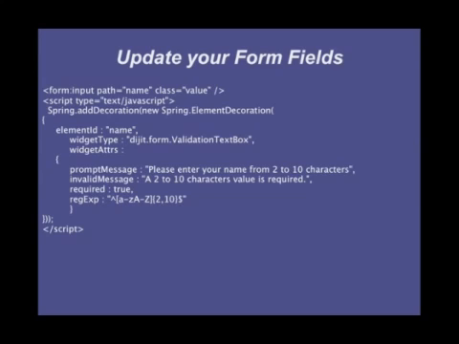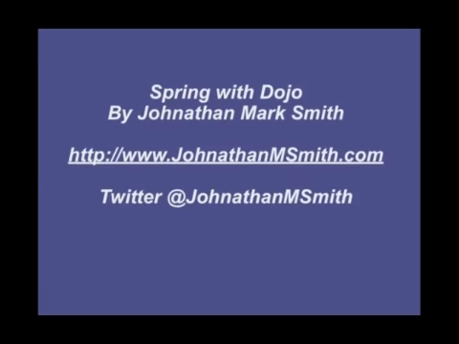If you can see, I'm using a reg expression that says it has to be A through Z lowercase or uppercase, 2 to 10 characters to pass, and it is required. That's basically how you do it. Again, this is very easy to do with Springs.